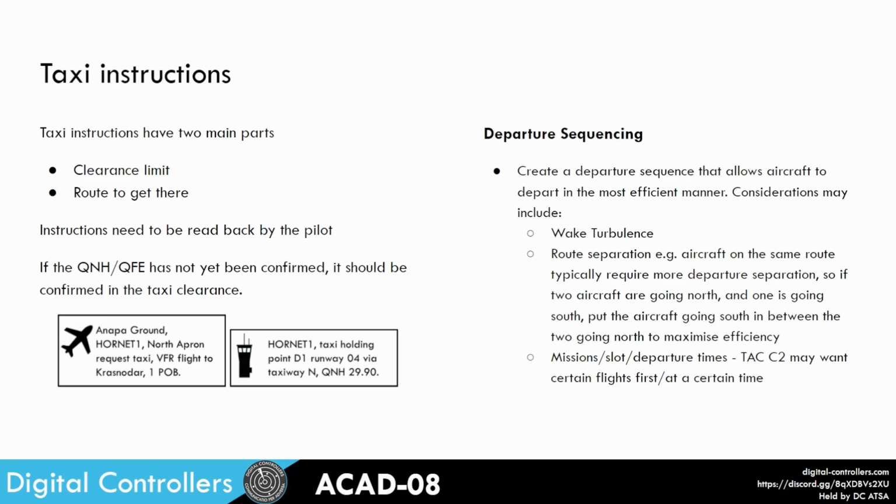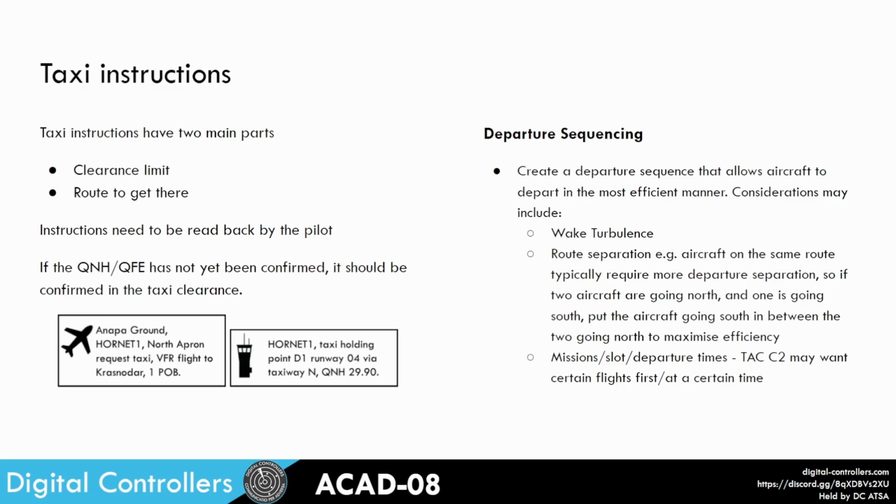Then we have any route separation, which is where aircraft that are flying on the same route will require more separation to ensure they don't hit each other if they go at slightly different speeds. So if we have two aircraft that are going north and one aircraft going south, we typically want to put the aircraft that is going south in between the two going north, which will maximize efficiency based on this route separation.